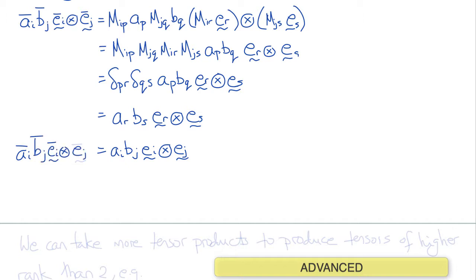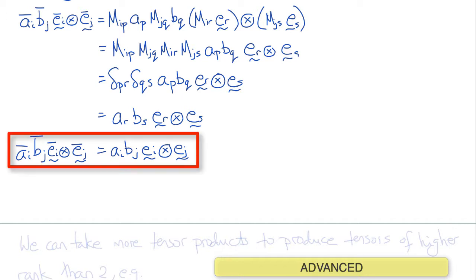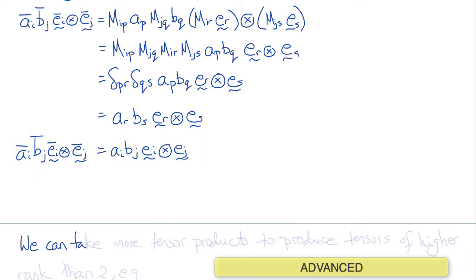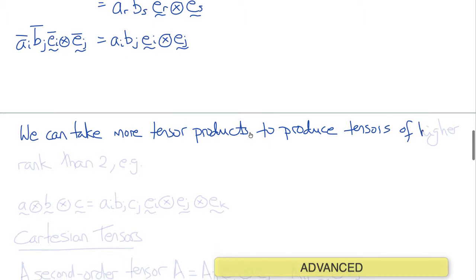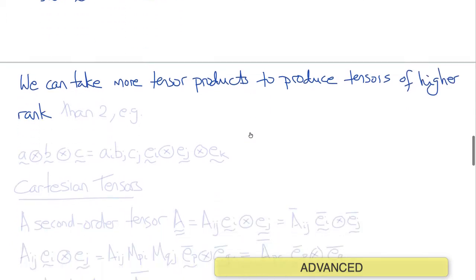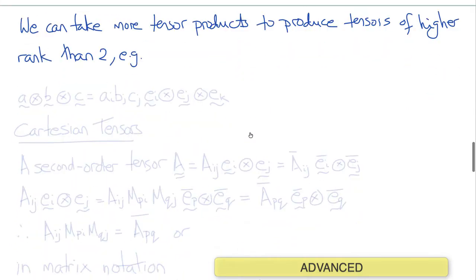So now we've shown that a_i bar b_j bar e_i bar dyadic e_j bar is equal to a_i b_j e_i dyadic e_j. So you can see that this tensor operation is preserved when we change coordinates.